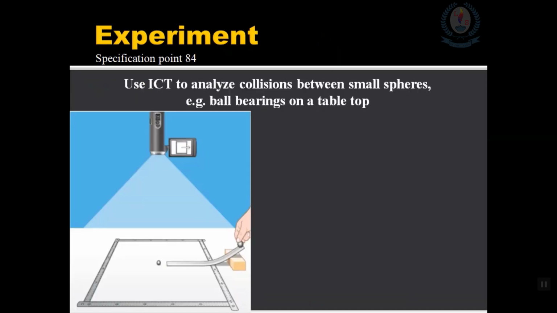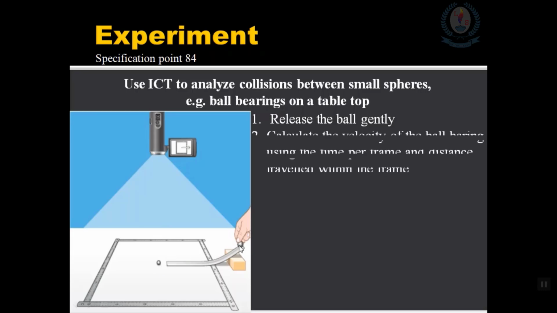Okay, now as I said earlier, there is a small experiment we have to do. It's using ICT to analyze the collision between small spheres. We keep a small camera fixed firmly to record frame by frame, and we keep a small sphere here and we release this sphere gently.